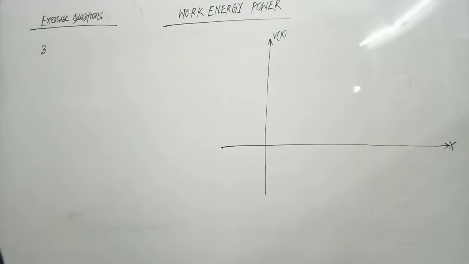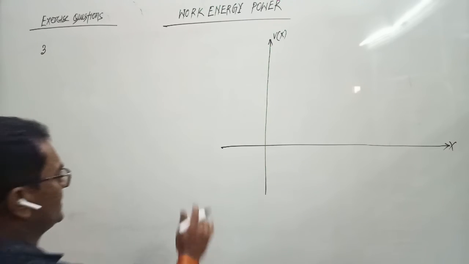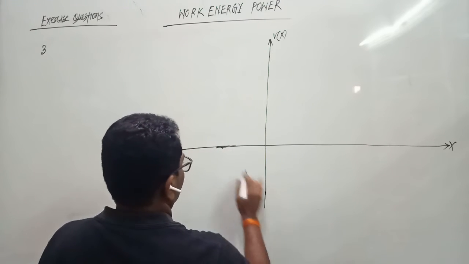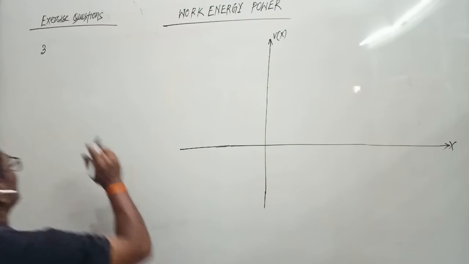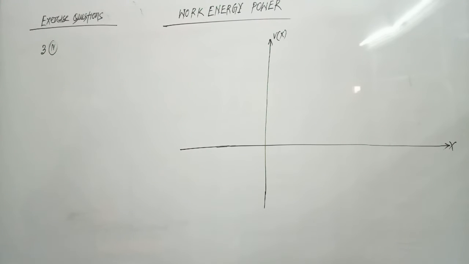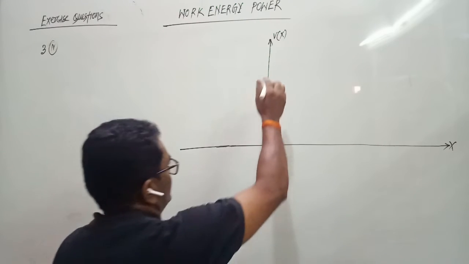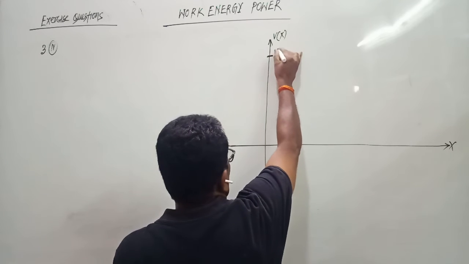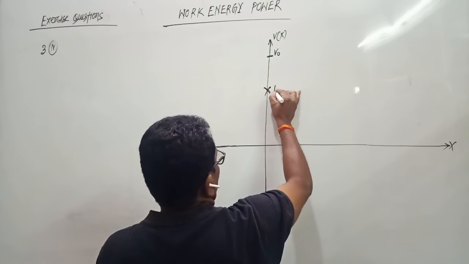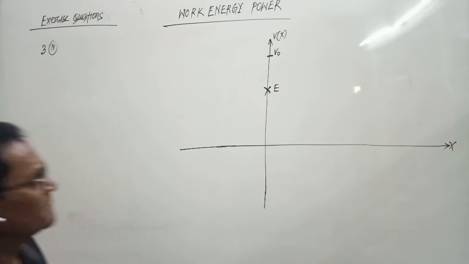This is part 4 of question number 3. There is V naught, and total energy is represented by E.